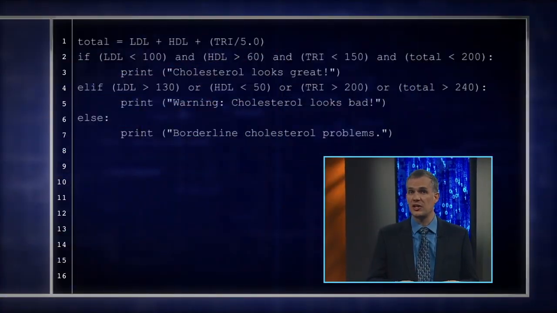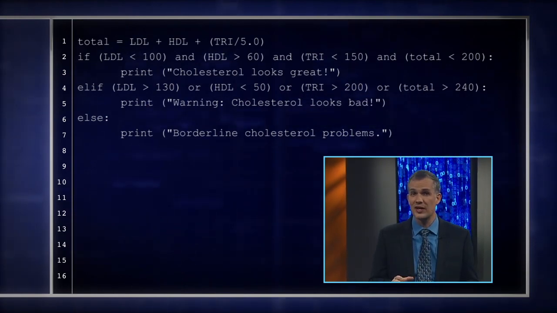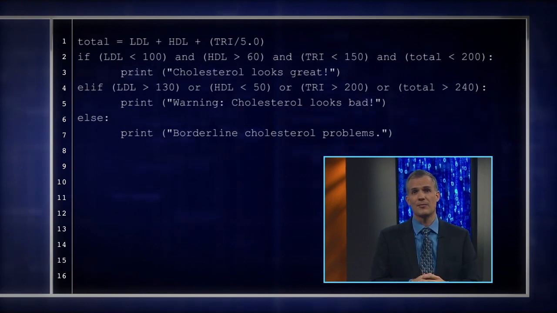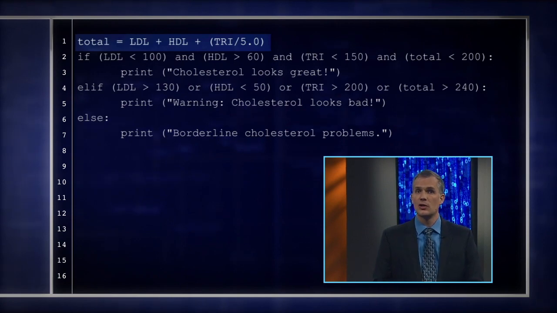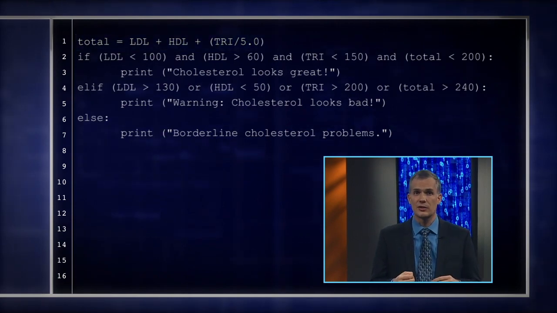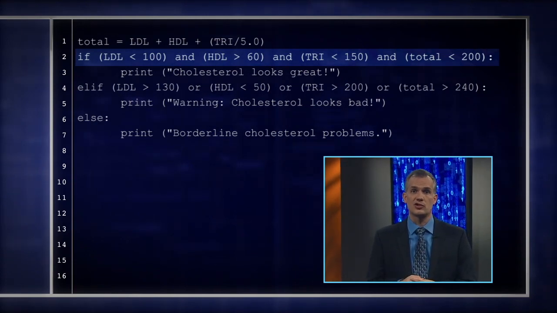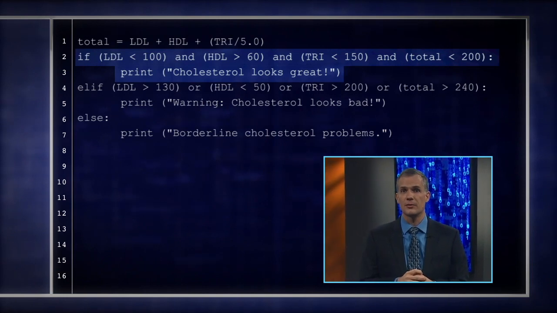Okay, what you see here is one possible way to implement that idea. It's not the only way to do it, so if you came up with something different, it's probably still okay. In our first line, we compute total cholesterol. We then have 3 checks. The first condition checks whether all 4 values are in the good range. If so, it outputs the cholesterol looks great line.